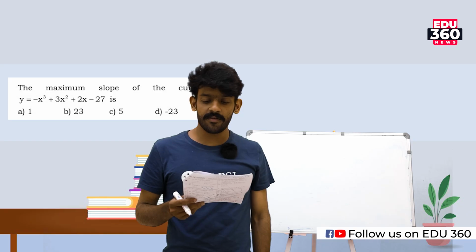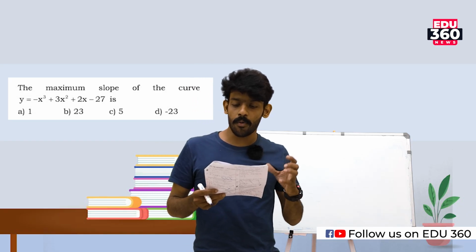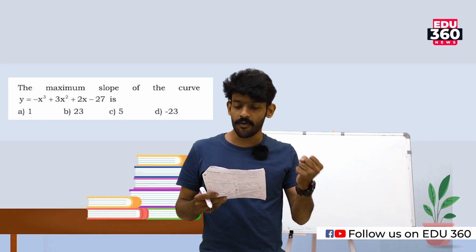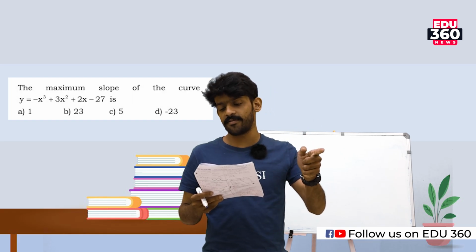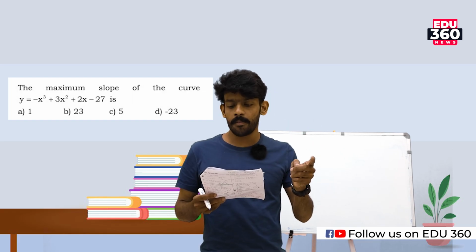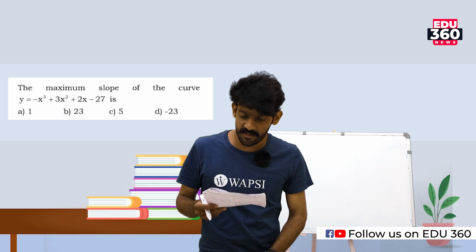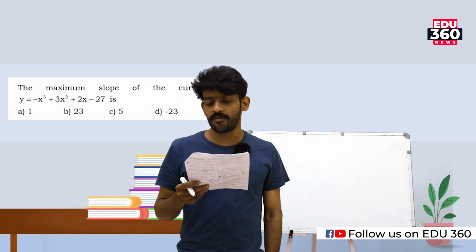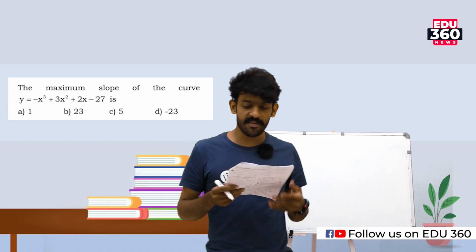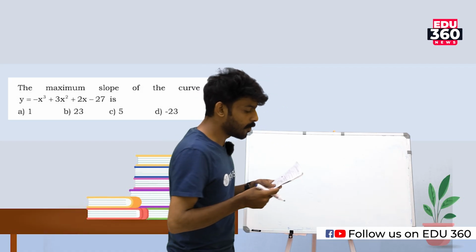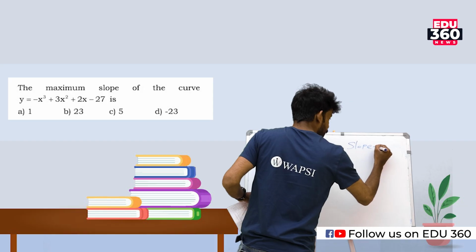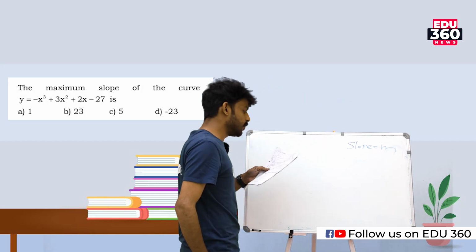The next question is: the maximum slope of the curve given as y is equal to minus x cube plus 3x square plus 2x minus 27 is. So we need to find the maximum slope of the curve. We know that slope is equal to m.